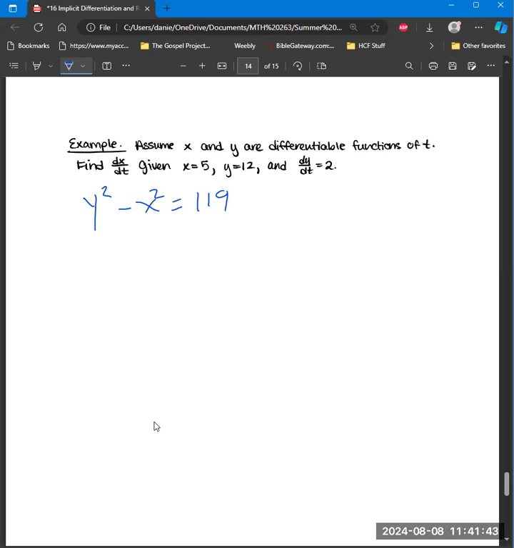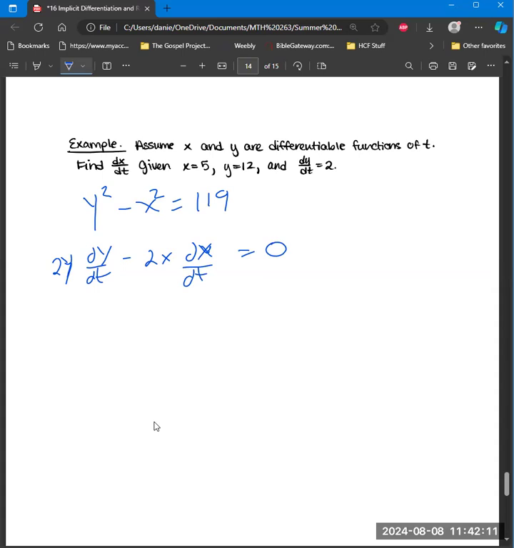So let's differentiate both sides to get our related rate. X and y are just numbers here. There are no units, so we don't have any variables to define here. We have 2y times dy dt minus 2x dx dt is equal to 0.